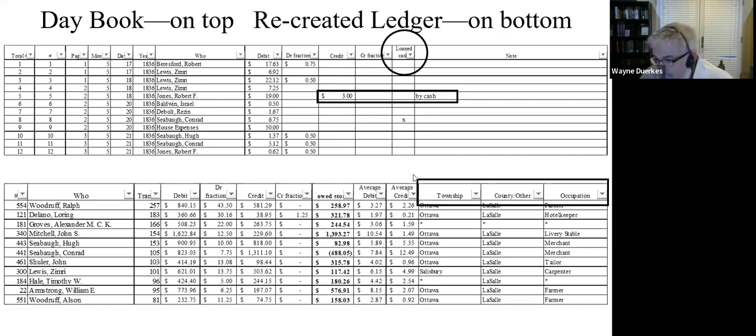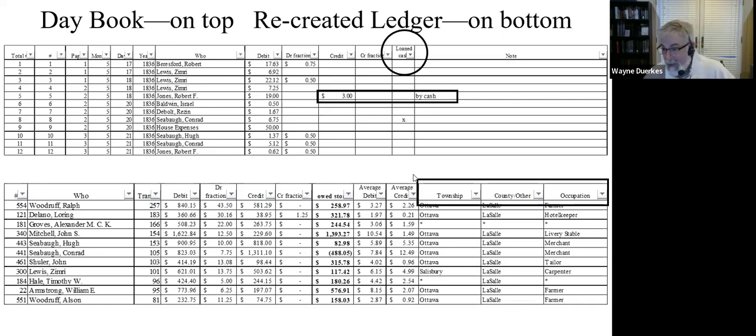I also, if I could find the data utilizing census and county history books, what have you, I put in what township he was from, what county, and if they had an occupation, put that in. And what's exciting about this is LaSalle is a very large county, many townships, and from this you can get an idea of the reach that this store had.